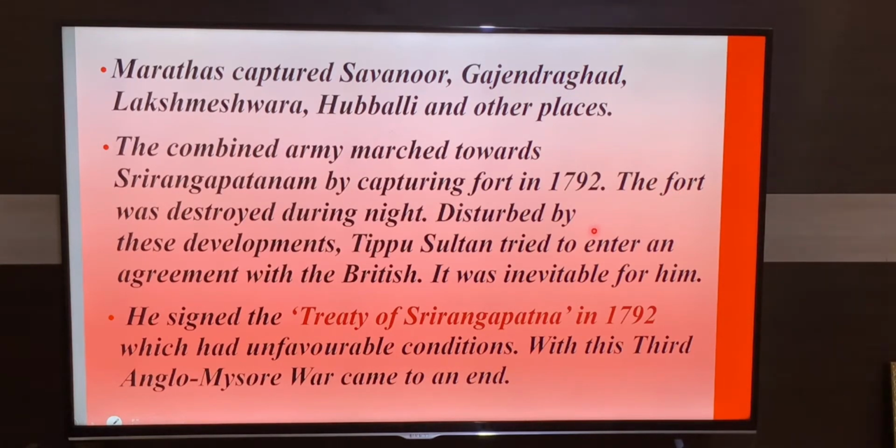Due to these developments, Tipu was disturbed and he was forced to enter into the Treaty of Srirangapatnam in 1792, which had unfavorable conditions. With this, the Third Anglo-Mysore War came to an end.